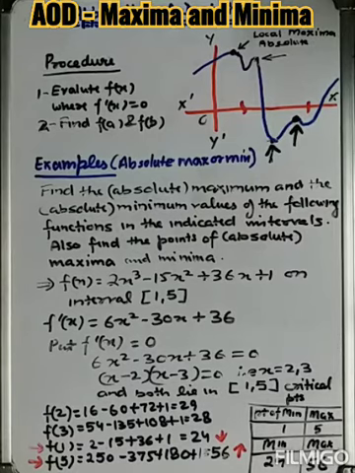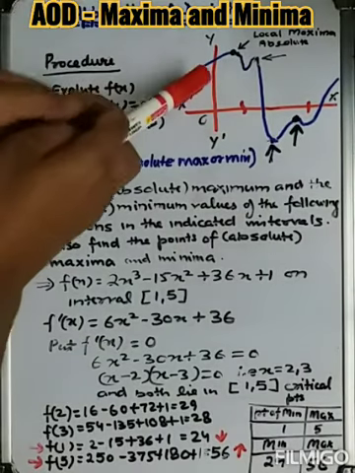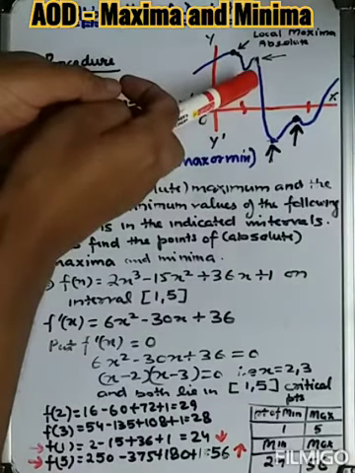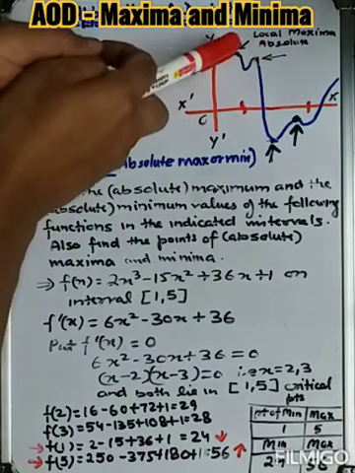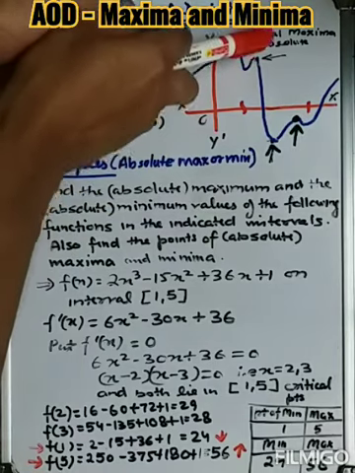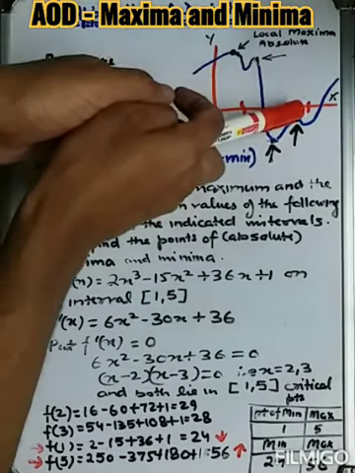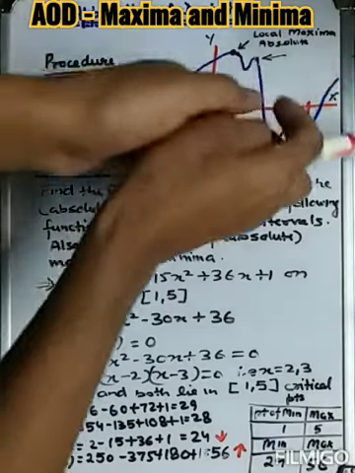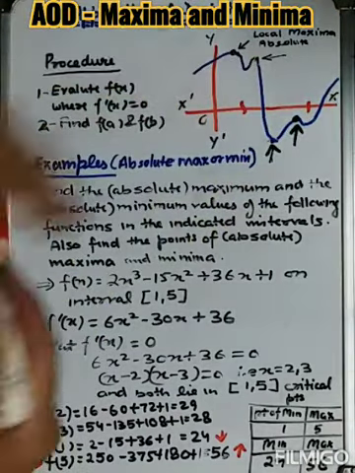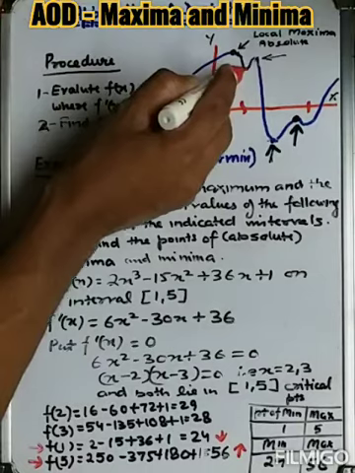What are turning points? Wherever this curve turns, this again turns. So this is a turning point, this is a turning point, this is a turning point, and if it moves further, these are all the turning points.